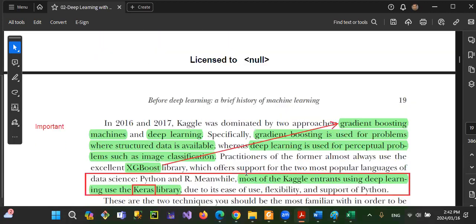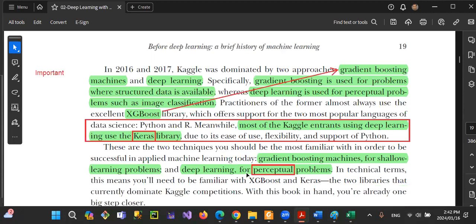And the conclusion of machine learning and deep learning could be summarized in this. Gradient boosting machines and deep learning are the biggest winners among the competitions that we had in Canada. But deep learning is for perceptual problems, and gradient boosting for structured datasets. It says gradient boosting machines for shallow learning problems and deep learning for perceptual problems.